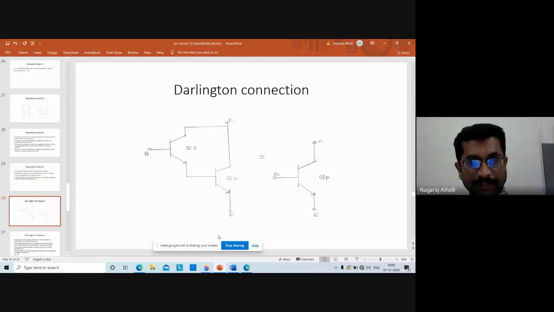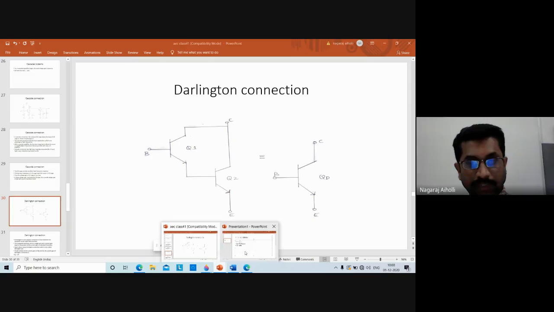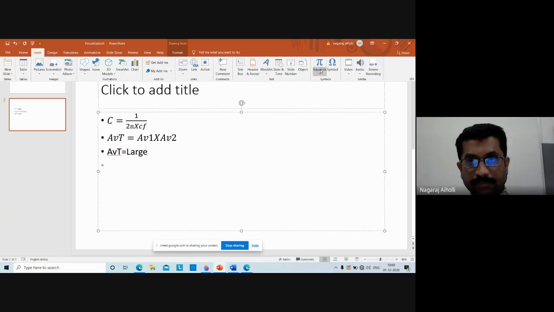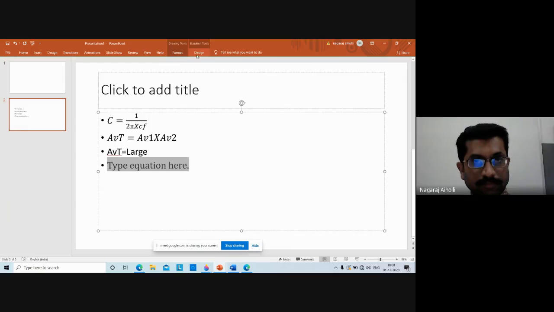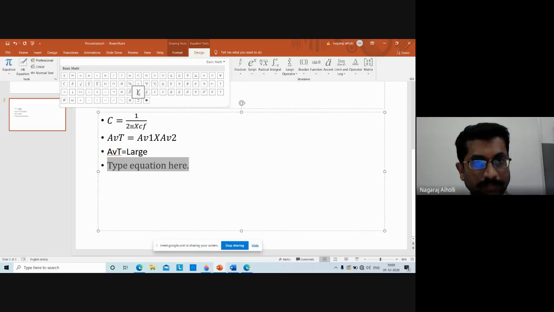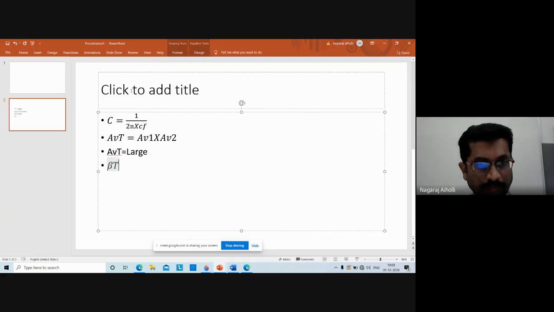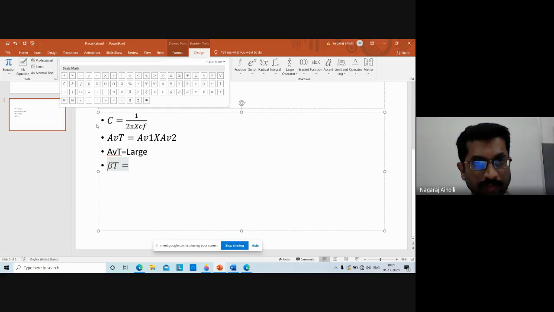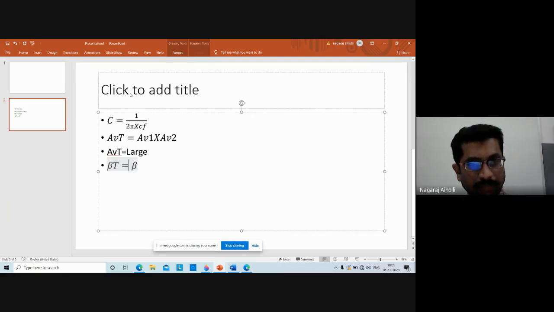So you can write it like this: beta total is equal to beta 1 into beta 2.